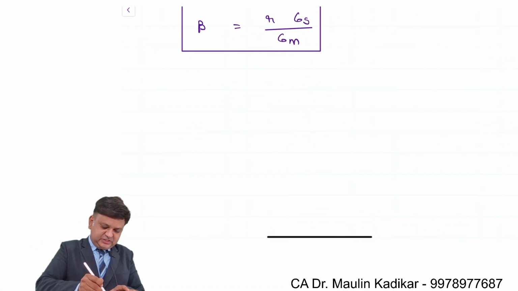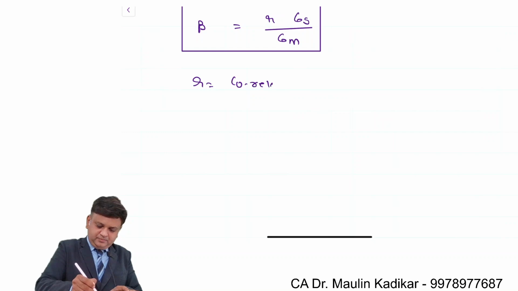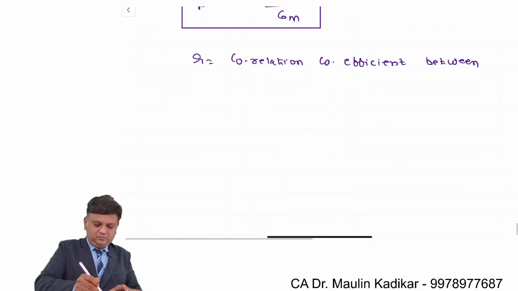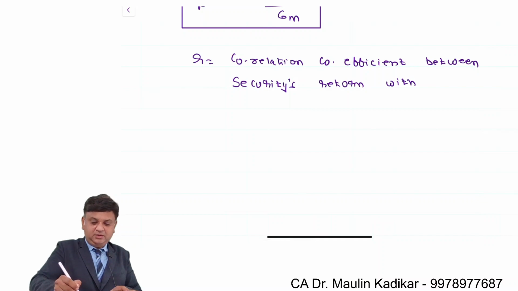Over here R stands for the correlation coefficient between the security's return and market return.